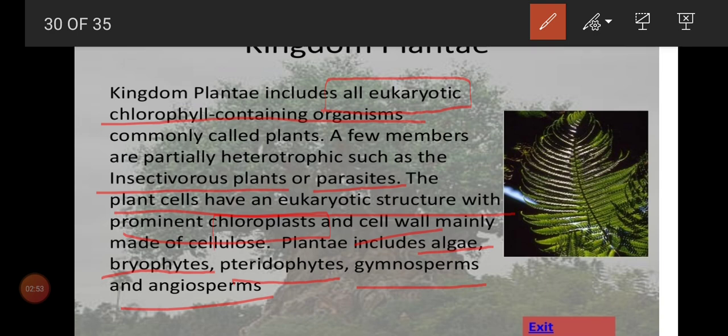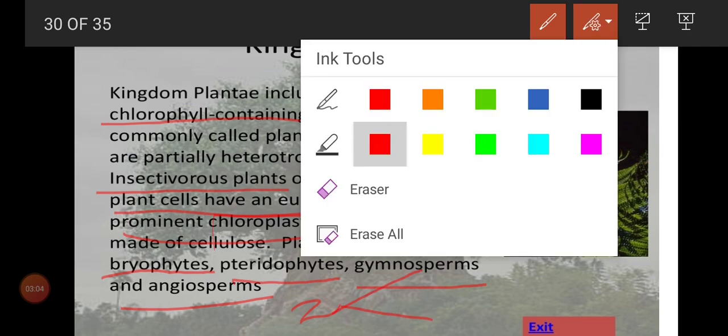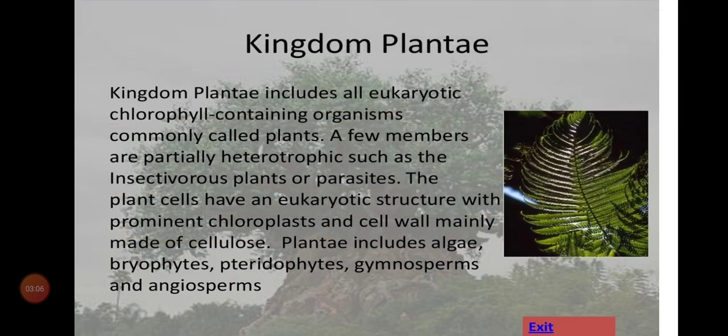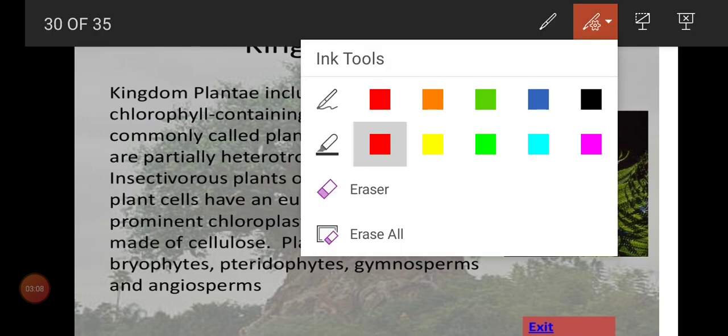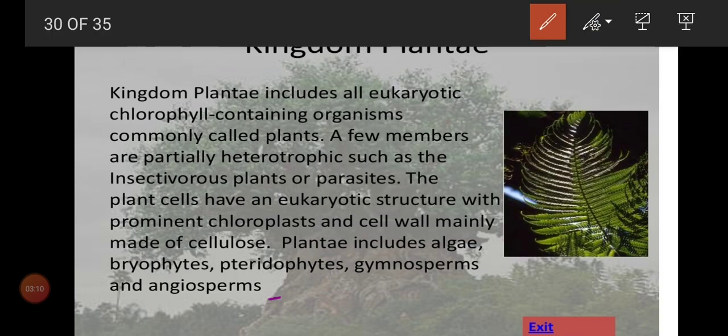In these plants, normally we can see two phases. What are those two phases? One is sporophyte, another one is gametophyte. One is the sporophytic generation and another one is the gametophytic generation.